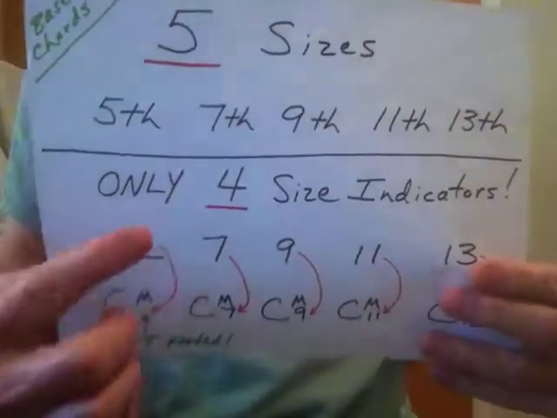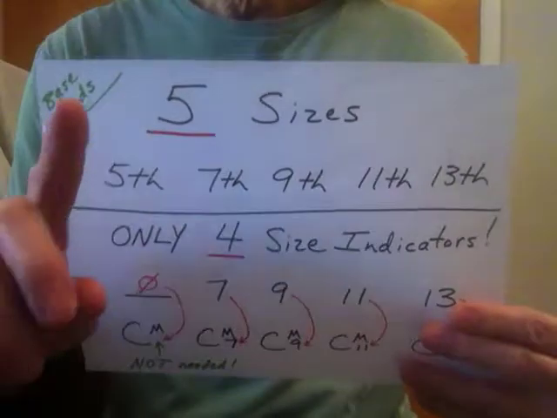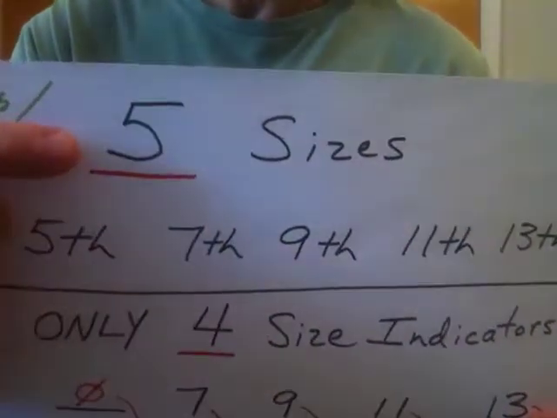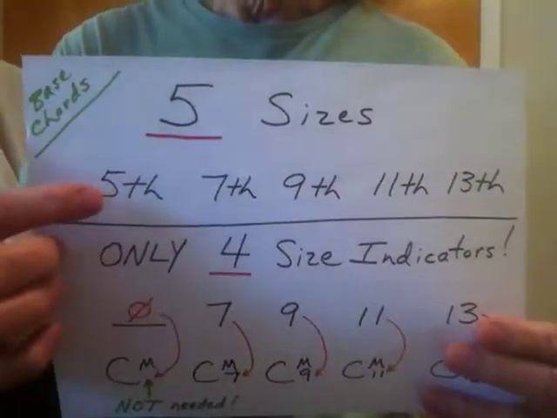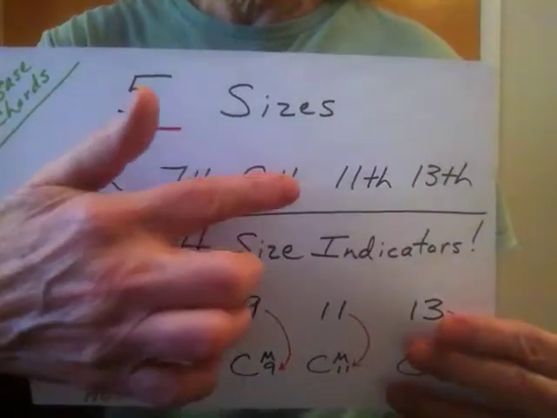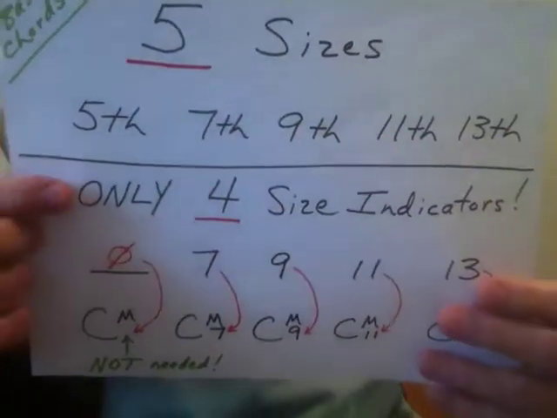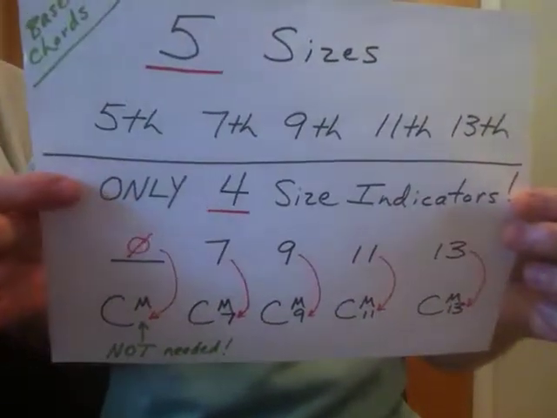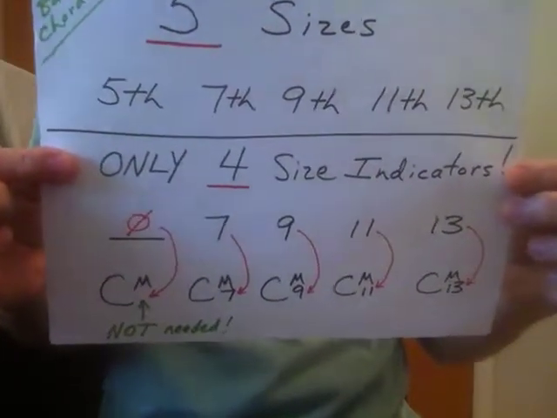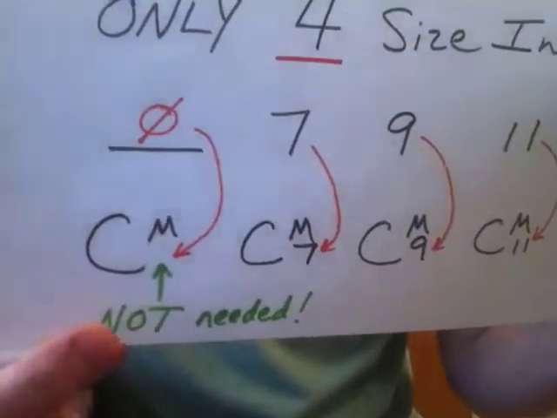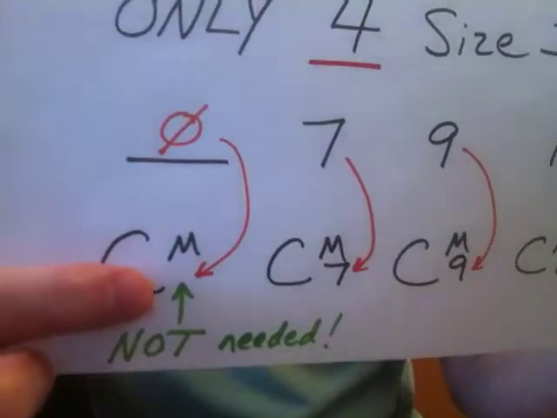All right? Then on the size indicators, I mentioned that in my system there are only 4 size indicators, which is true, but there are 5 sizes. There's your 5th chord, 7th, 9th, 11th, 13th, but there are only 4 size indicators because for the 5th chord, you don't really need a size indicator.